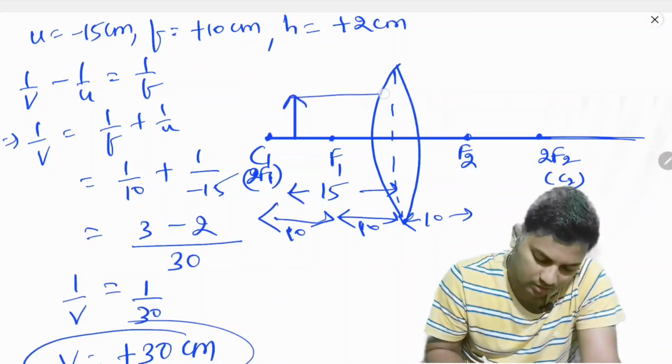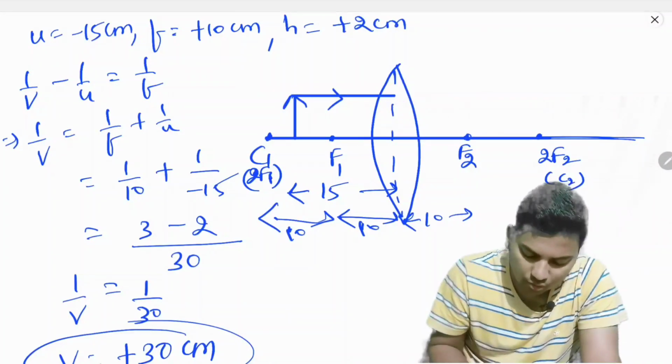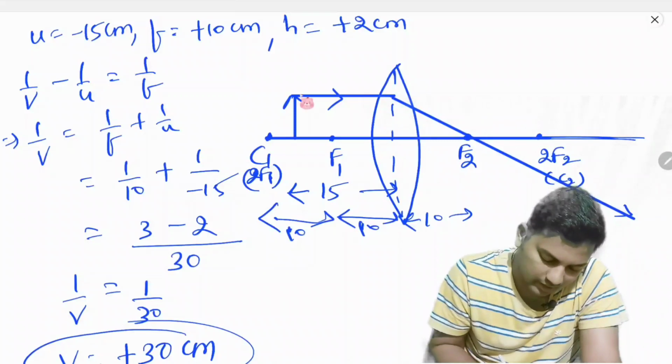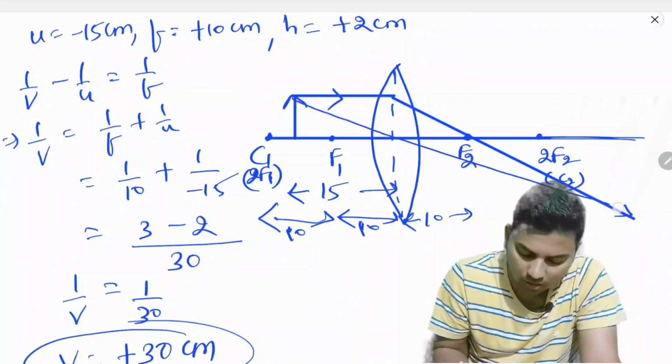Suppose we are drawing a ray diagram. This ray will pass through focus, and one ray let's pass through the optical center.